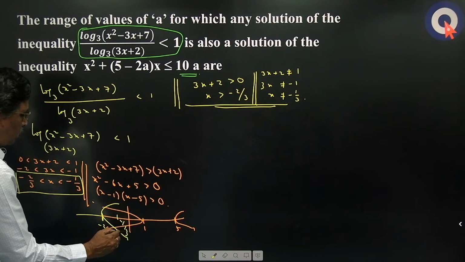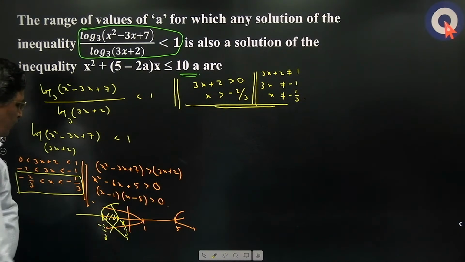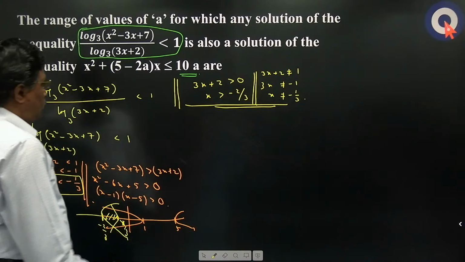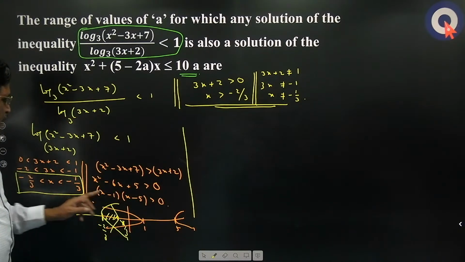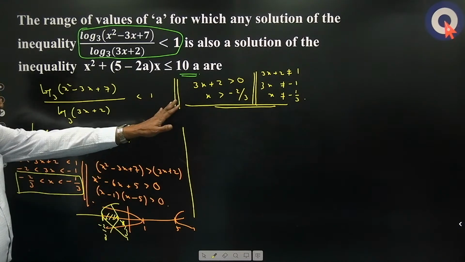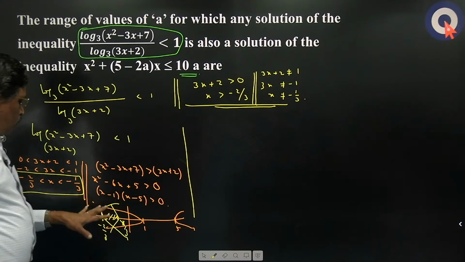So this is the acceptable solution for this part. So considering the intersection of this and whatever you got, and also considering the conditions that we have, x belongs to minus 2 by 3 to minus 1 by 3 is the interval that we can take.